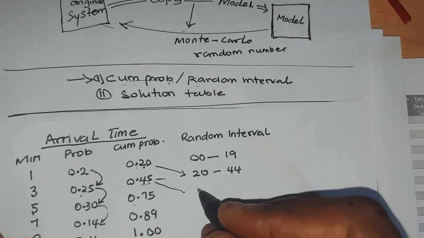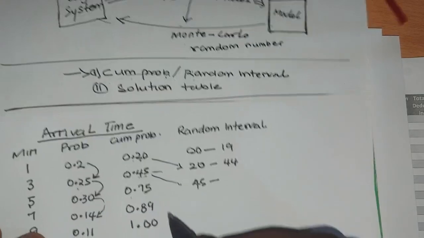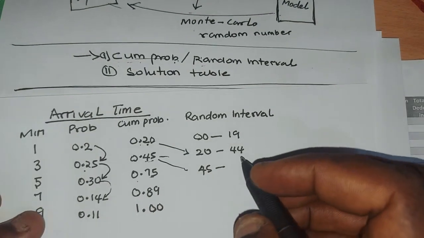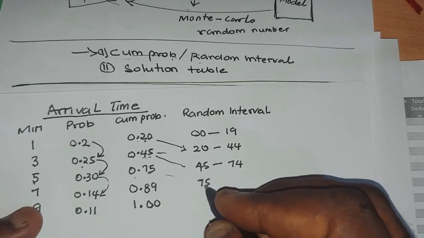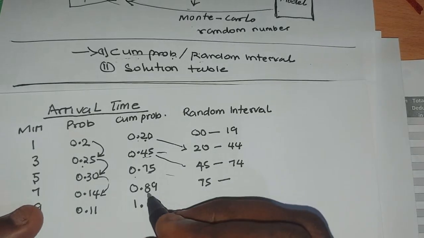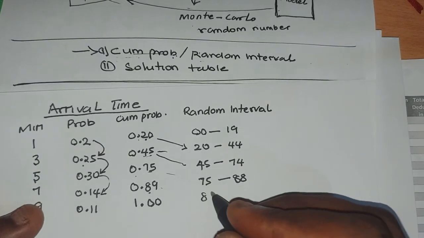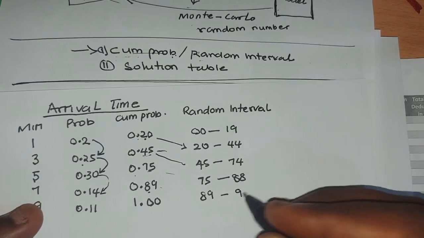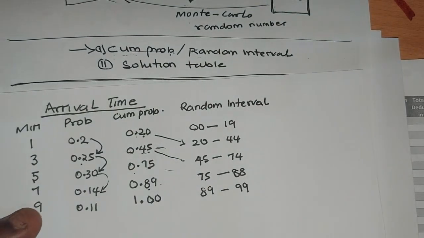Then bring this 45 down, to the number before 75 is nothing but 74. Then you bring down your 75. The number before 89 is 88. Bring down your 89, then of course, to 100 is 89 to 99. So that is for arrival time.